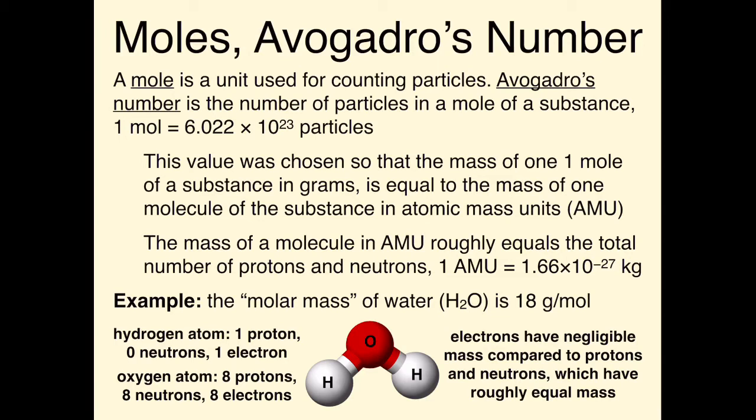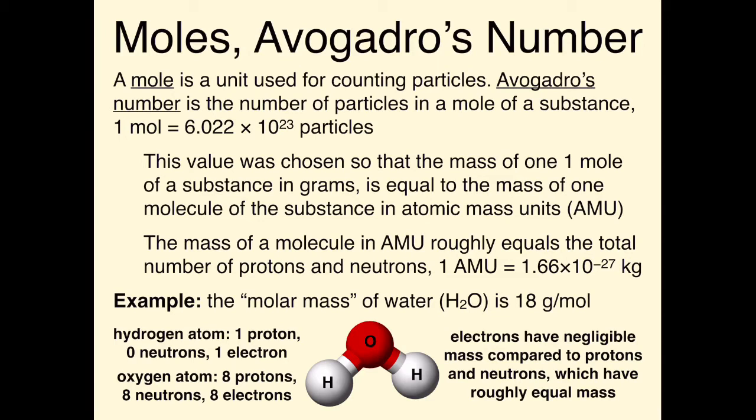So the mass of a molecule in atomic mass units, or AMU, is roughly equal to the total number of protons and neutrons in that molecule. So let's explain why that is. A molecule consists of different atoms, and atoms consist of protons, neutrons, and electrons. So electrons have a very small mass compared to protons or neutrons.